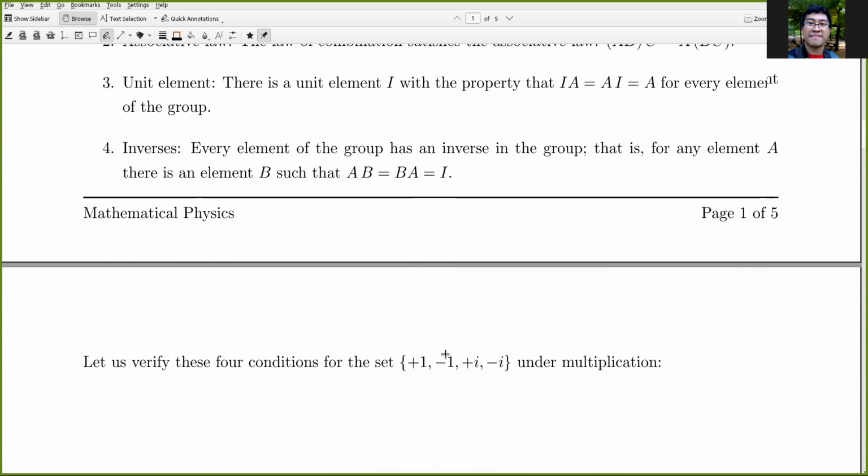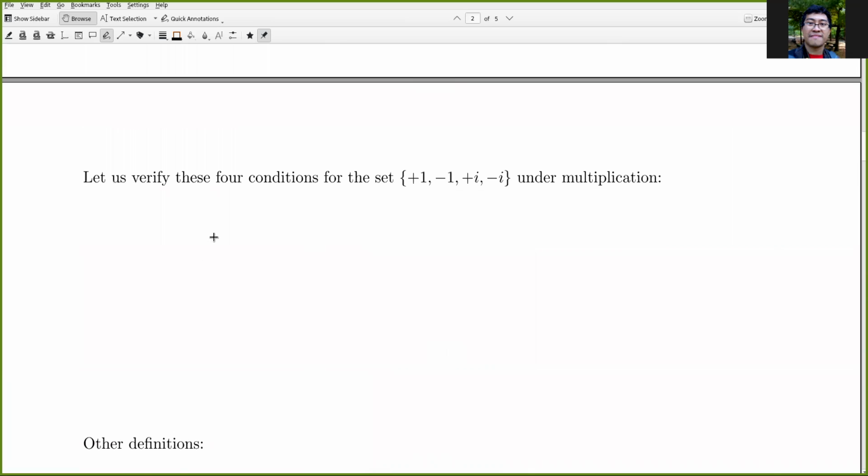Let us verify these four conditions for 1, -1, i, -i under multiplication. We've already shown earlier that this is closed under multiplication.